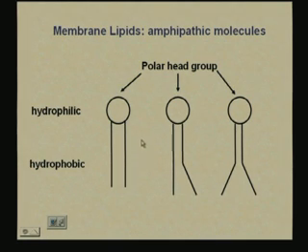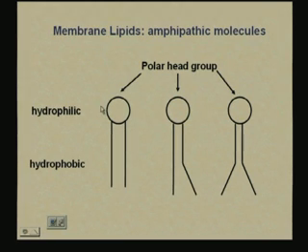I am going to have a polar head group. We will see what those polar head groups can be, and my hydrophobic tail, if it is a straight chain fatty acid, will look like this. If it happens to have one fatty acid that has a kink to it, it is going to be shaped like this. Okay, we will see how two fatty acids are linked to a single polar head group in a moment.